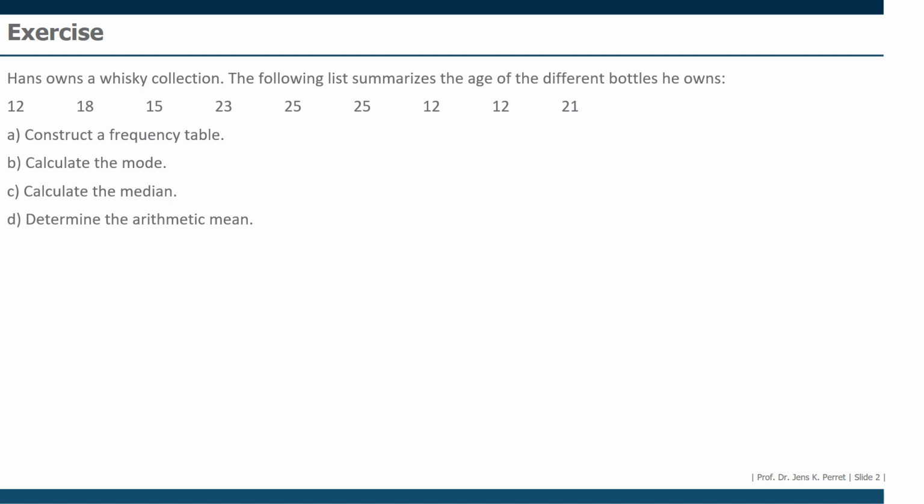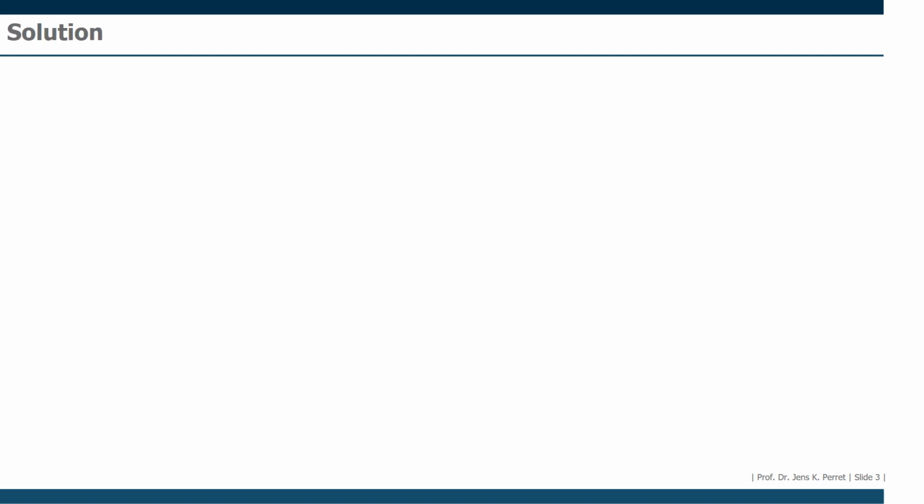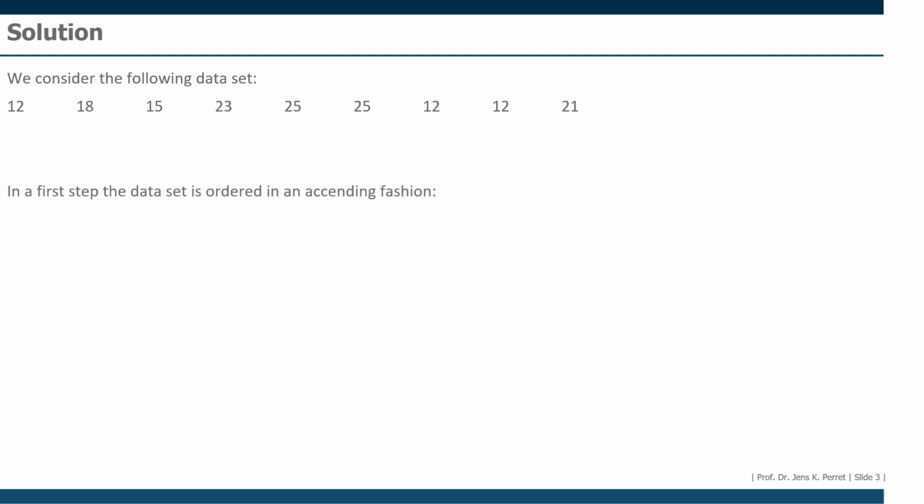So we're going to start with the frequency table, but before we actually get there, we do some preliminary work which we're going to use later on. We're going to start by copying this data set and then ordering it in an ascending fashion.